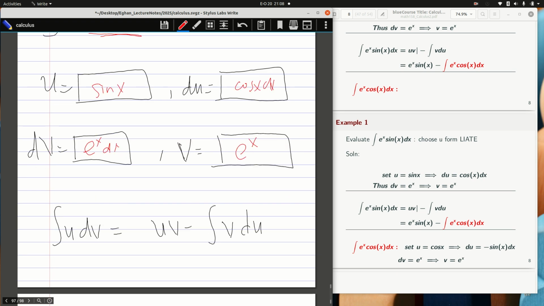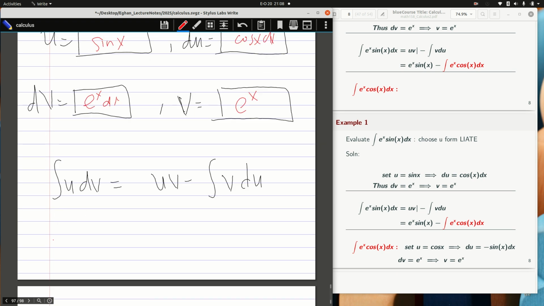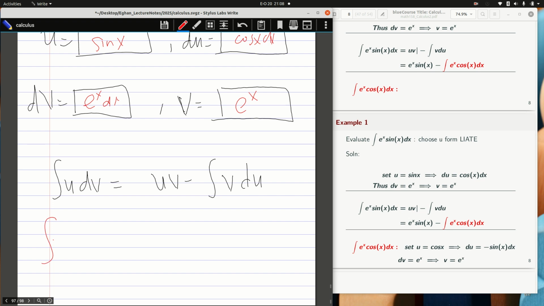This means that my integral of e^x sin x dx is equal to u, which is sin x, times v, which is e^x, minus the integral of v, the same e^x, times du, cos x dx.